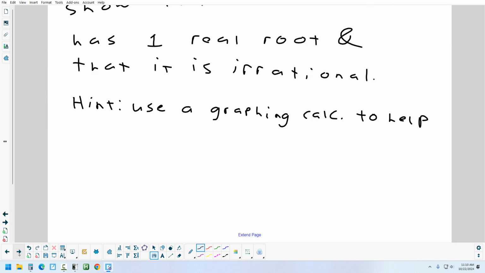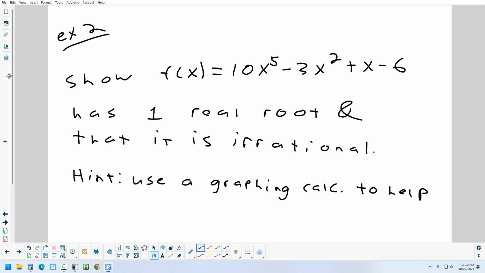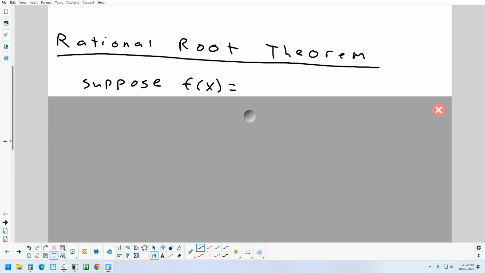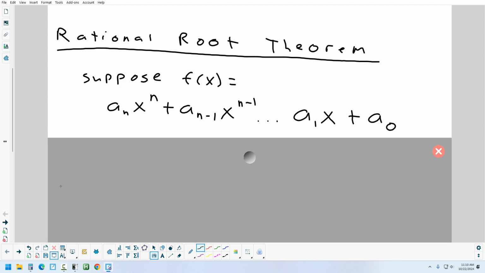So when we have a rational root theorem problem, don't write it yet, but you're going to have a polynomial, something like that. It's going to be arranged in order from the highest exponent all the way down to the lowest exponent, or maybe ending with something that's just a number, okay, like minus 6. So here's an example of that written in a more general way.